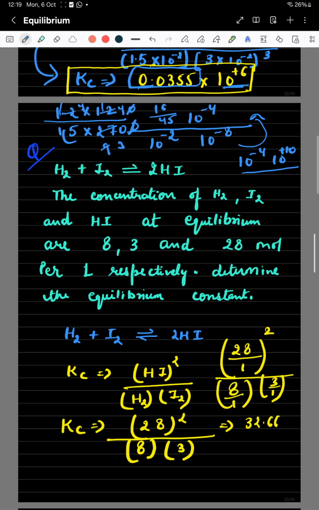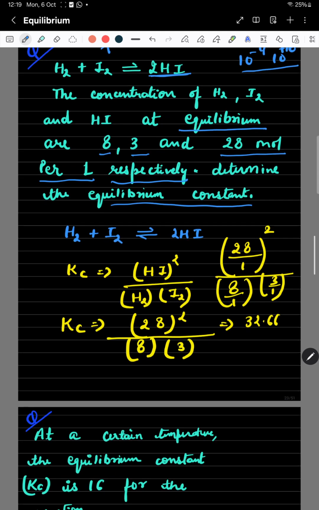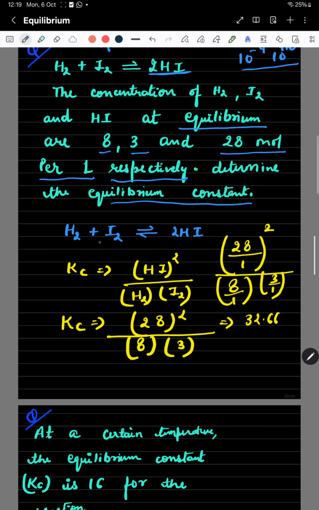Now here H2 plus I2, they are reacting and forming HI. The concentrations of H2, I2 and HI at equilibrium are 8, 3 and 28 moles per liter respectively. Determine the equilibrium constant. Let's understand. H2 plus I2 is forming HI, reversible. Kc you will express in terms of product and reactant concentration, HI square upon H2 I2.